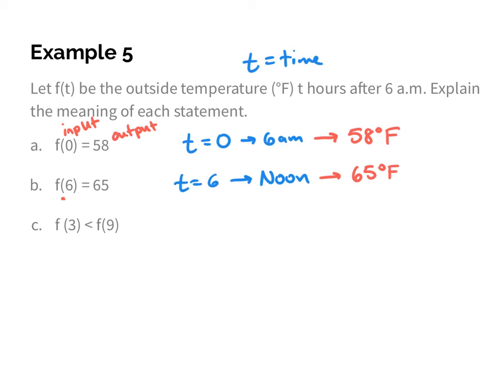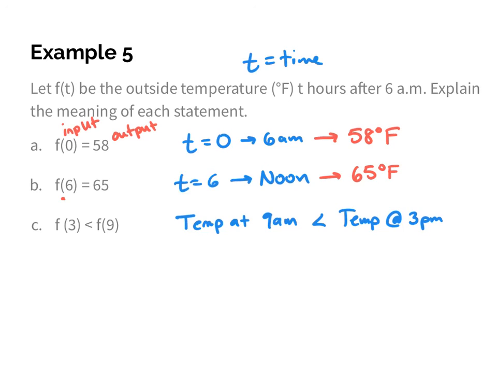And then this last one, I got f of 3 less than f of 9. What the heck do you think that one means? Well, this one might tell me here that the temperature after 3 hours, so I'll just say the temperature at 9 a.m. is going to be less than the temperature at, well, what's 9 hours past 6 a.m.? That would give you 3 p.m. So here it says the temperature at 9 a.m. would be less than the temperature at 3 p.m., which if you know temperature, that's usually how it goes.